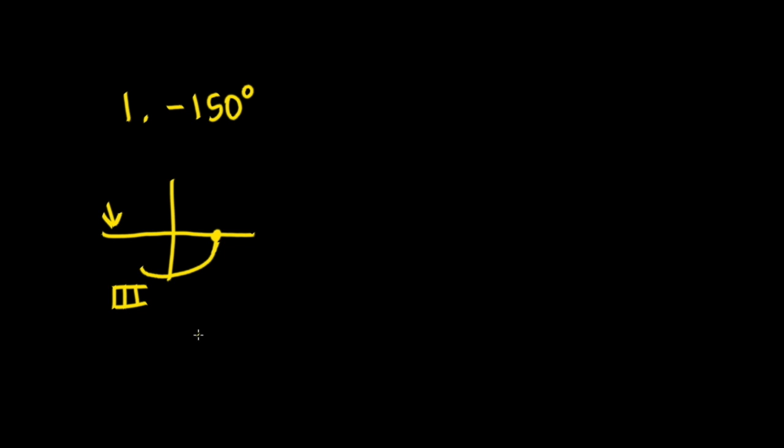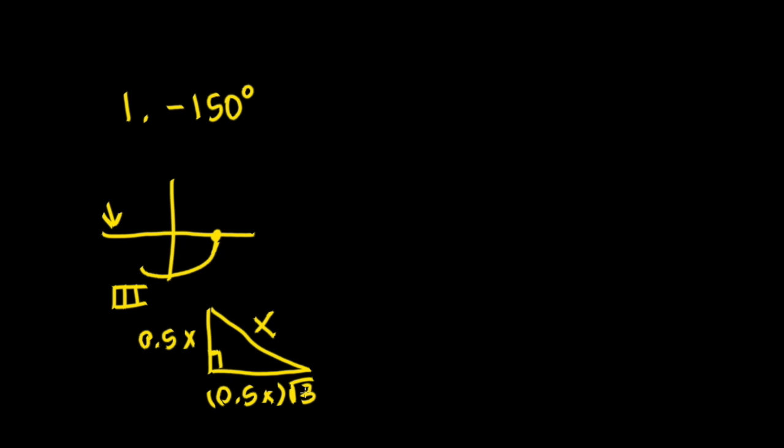Let's go ahead and remind ourselves of the formula for this. This formula says that when the hypotenuse is x, the short side is 0.5x, and the long side is equal to 0.5x times the square root of 3. Since we know that x is equal to 1, since we are in a unit circle, and in a unit circle the hypotenuse is always equal to 1, we can also find out what the other sides are equal to.